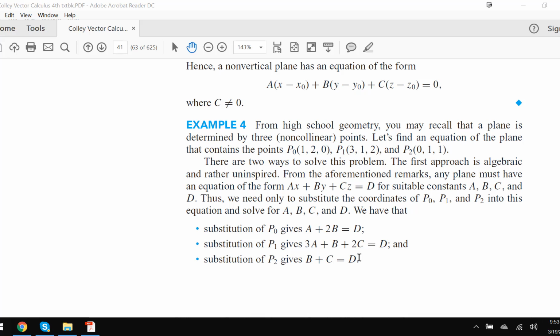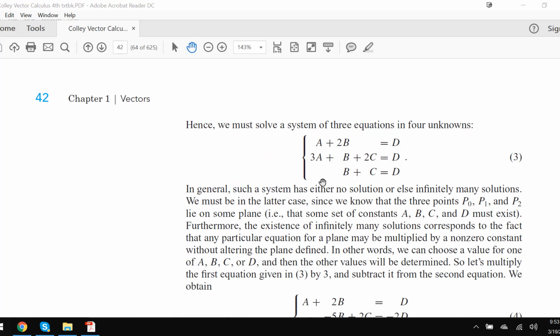So now we have 3 equations, and we have 4 unknowns. They make the remark that there's either no solution or else infinitely many solutions, but we know that there has to be infinitely many solutions because these 3 points must lie on some plane.